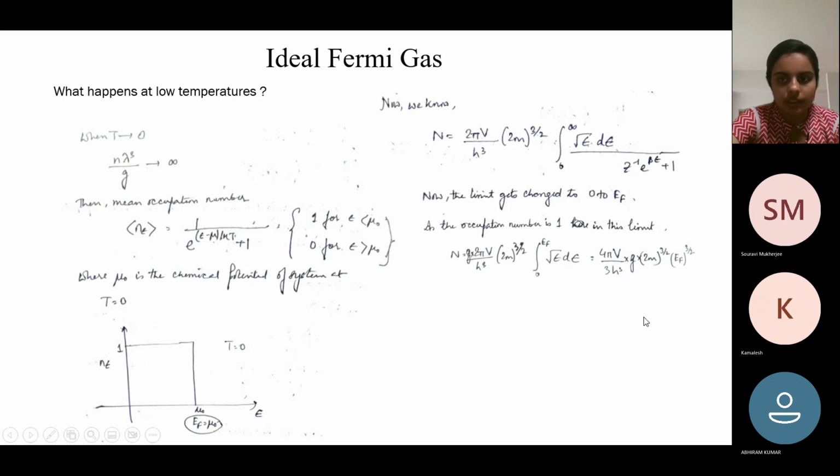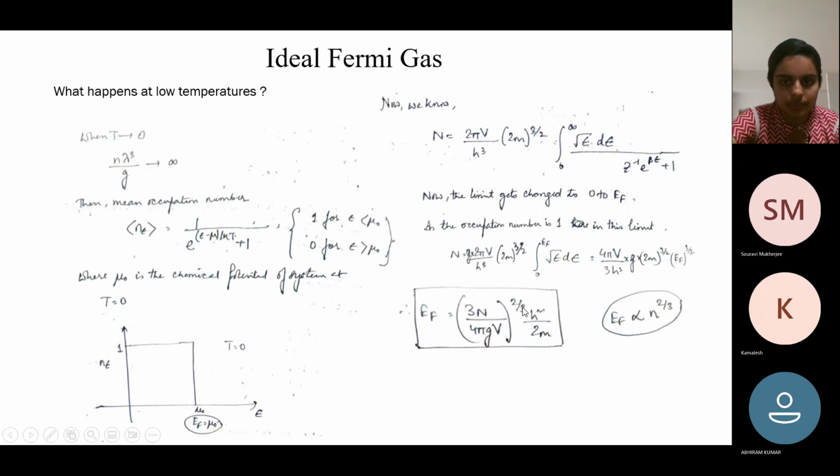If you do some reorganization of the terms, you would get an expression for the Fermi energy which looks like this. What this tells you is that the Fermi energy is proportional to n to the power 2/3, where n is the number density given by N by V. All other terms are actually constant. So the Fermi energy depends on the number density, and this is how it depends.